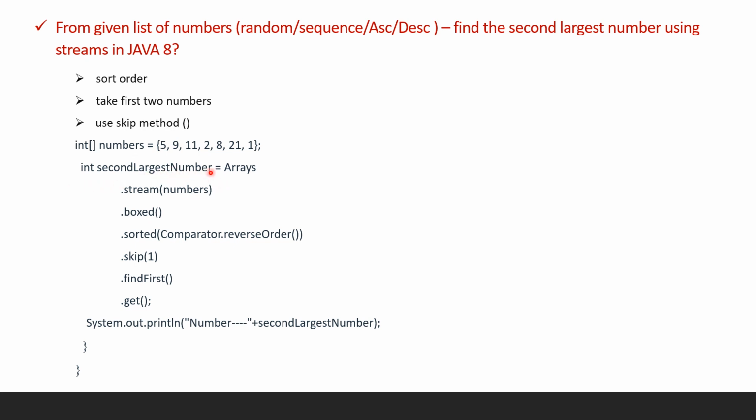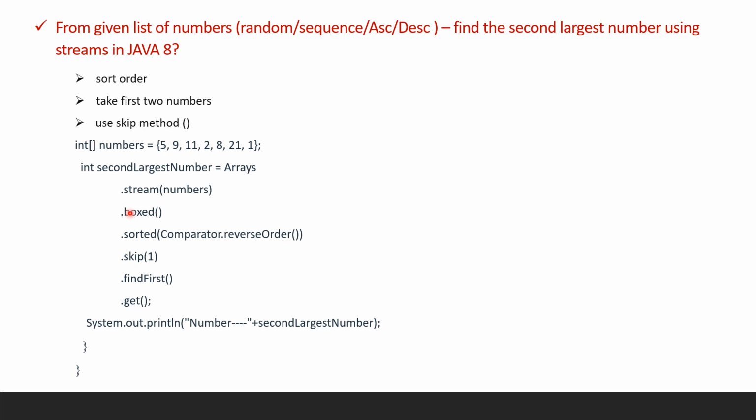We are finding the second largest number. As it is an array, I'm streaming it. Whenever we use a stream, we have to declare the stream. I'm streaming the numbers, which is nothing but the input. I'm boxing it and sorting, and in the sorted method we have Comparator.reverseOrder, which will reverse the order of the input.